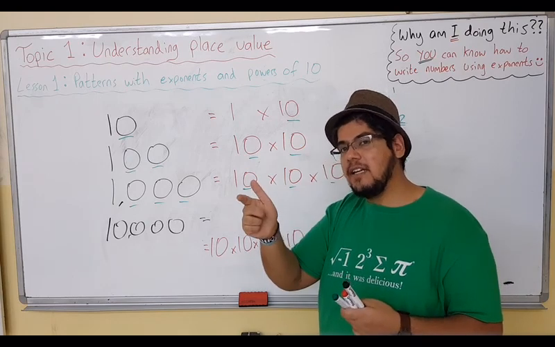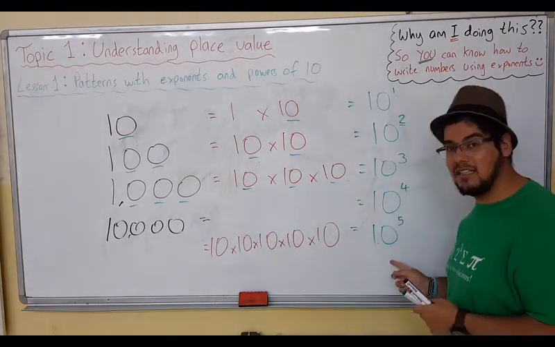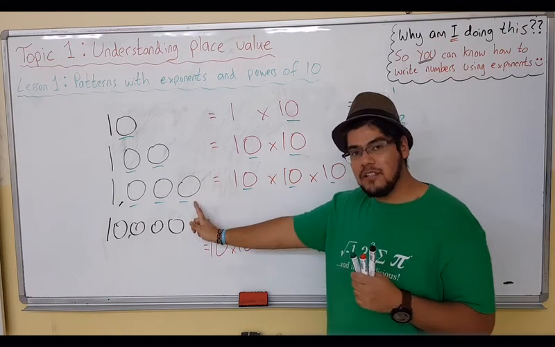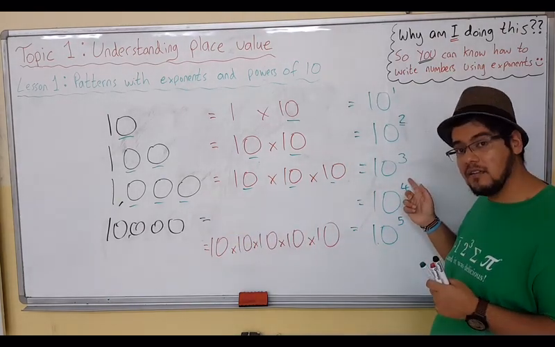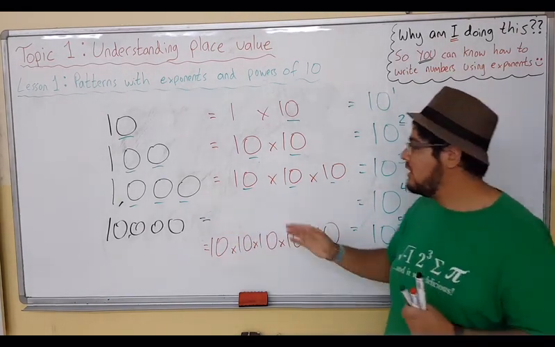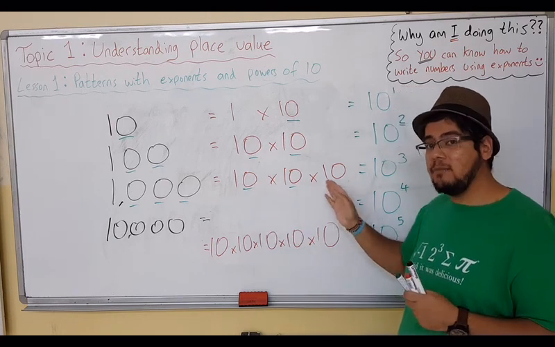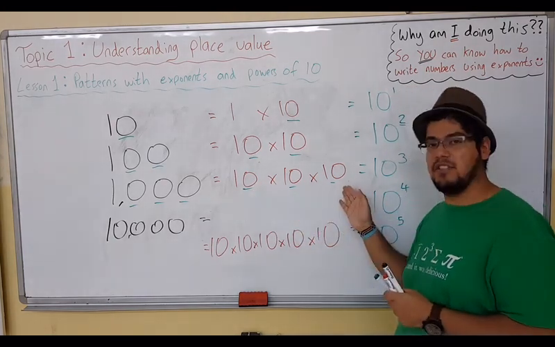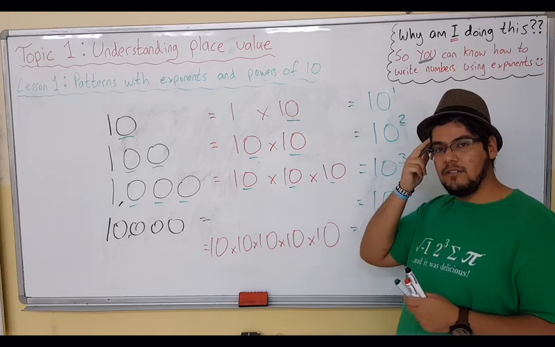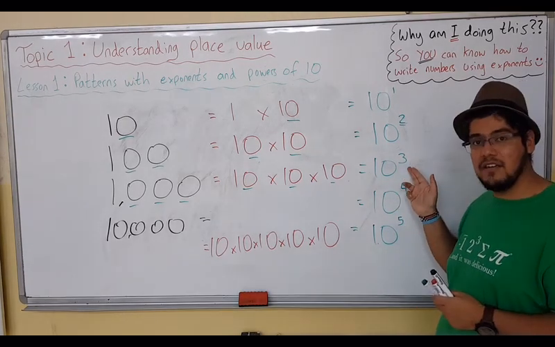I can see that as an exponent. I can see 1,000 as 10 to the power 3. Or if I see a number being multiplied by itself, 10 times 10 times 10, I can use it as 10 to the 3.